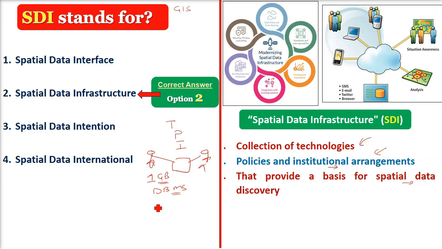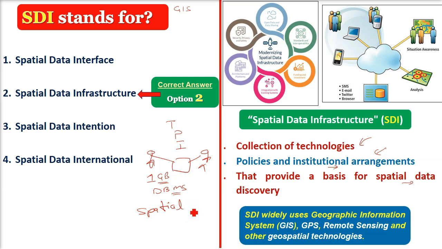So spatial is basically the data which has information of the space, that is lat, long, elevation. So you can just put it on the globe where it sticks on a globe. So this SDI, or spatial data infrastructure, widely uses the GIS, that is the Geographic Information System.